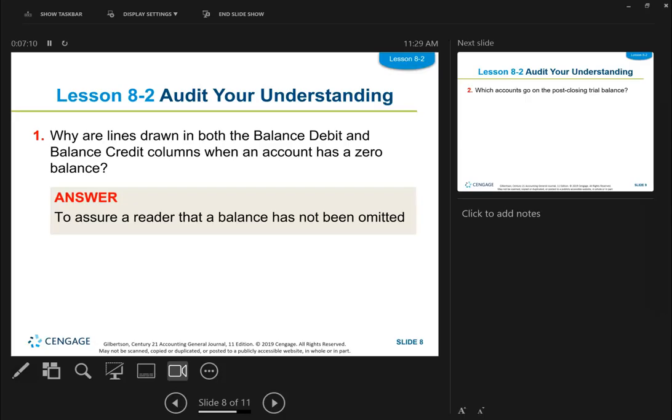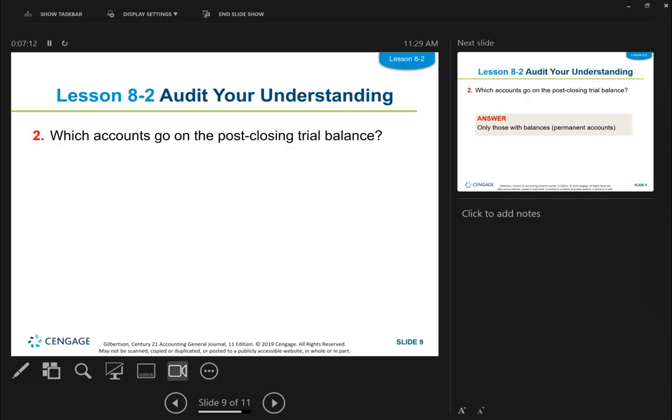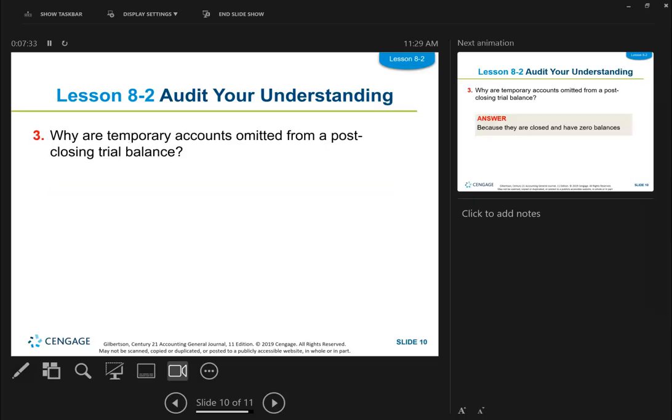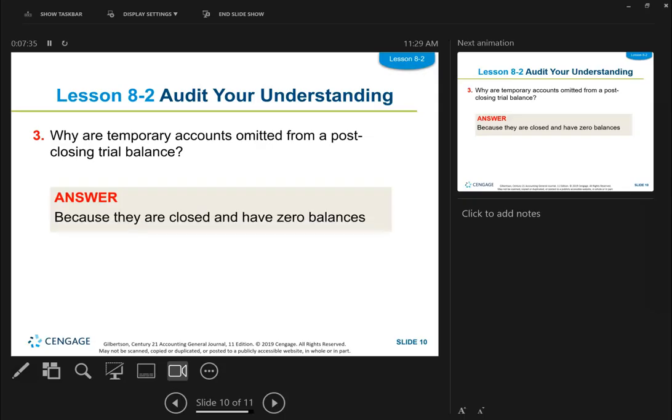When we draw those lines, that's just to indicate a balance has not been omitted. Which accounts go on the post-closing trial balance? The permanent accounts that still have a balance in them. Again, that would be our asset and liability accounts typically. Why are the temporary accounts omitted?